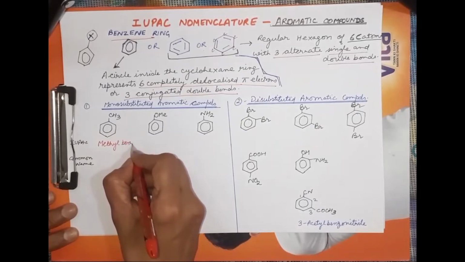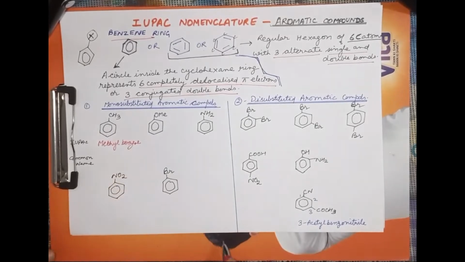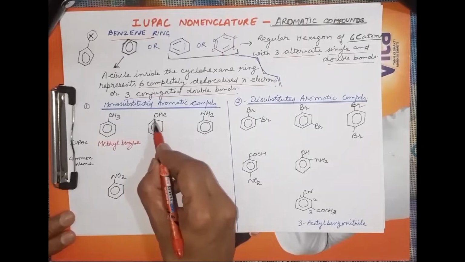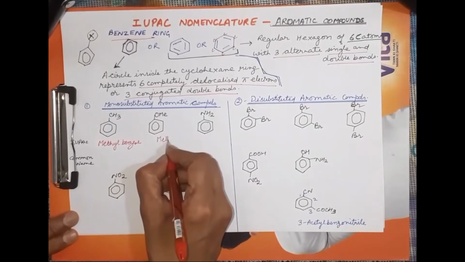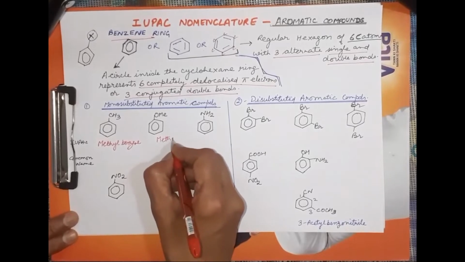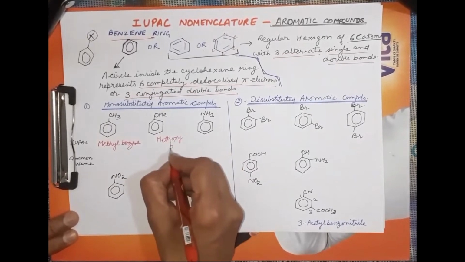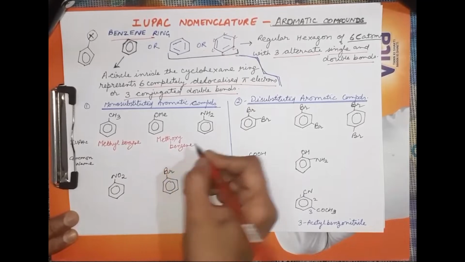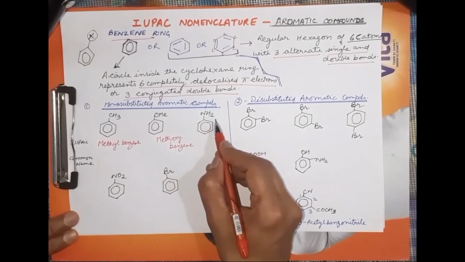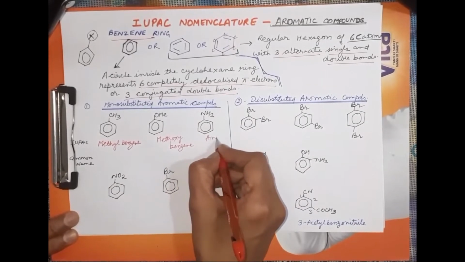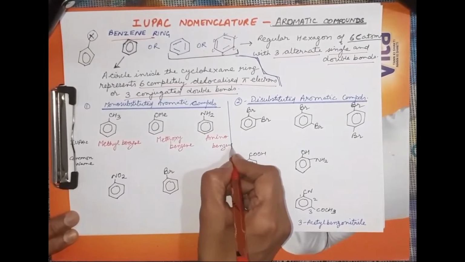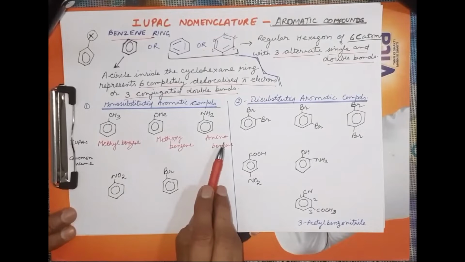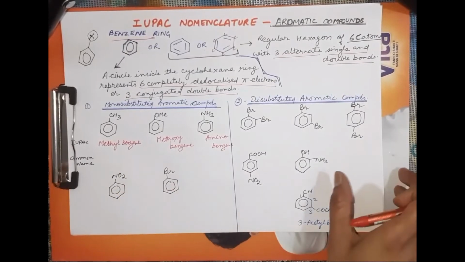In this case OMe is added, so the name will be methoxybenzene. And here an NH2 group is there, so we can write aminobenzene. These are the IUPAC names for these compounds.